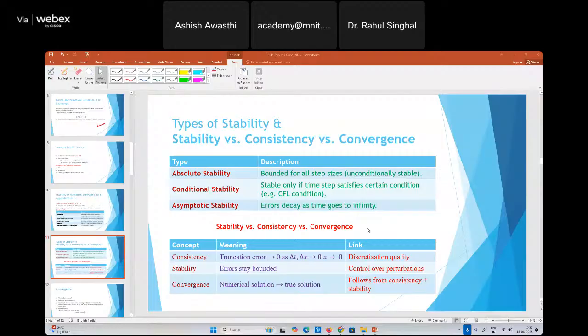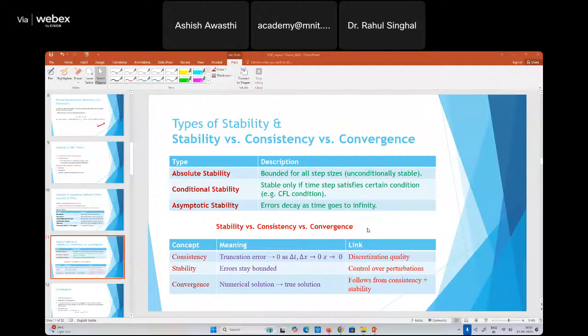Then we can say it is a convergence. If your numerical solution goes and sits on that, or maybe close by to that, you can say it is a convergence. So convergence means that the numerical solution is the same as the true, exact solution. That is called the convergence.